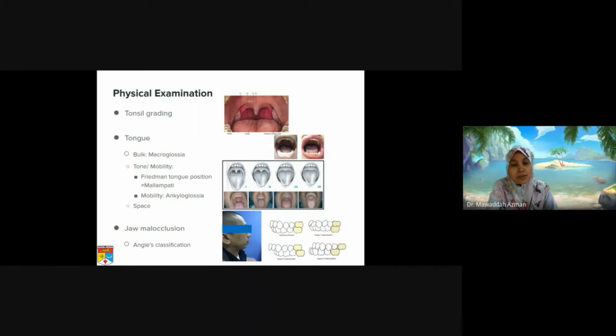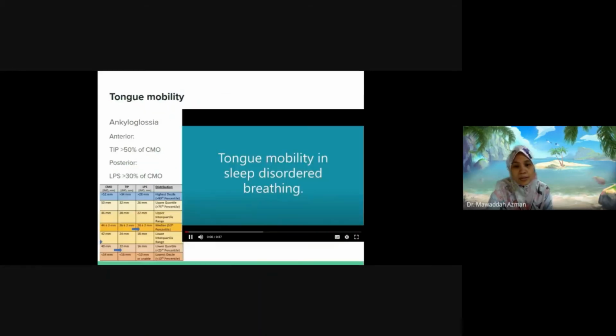So in the subsequent slide, I'll be showing you a simple guide on how you can assess tongue mobility, keeping in mind that tongue mobility is divided into assessment of the anterior tongue as well as the posterior tongue.